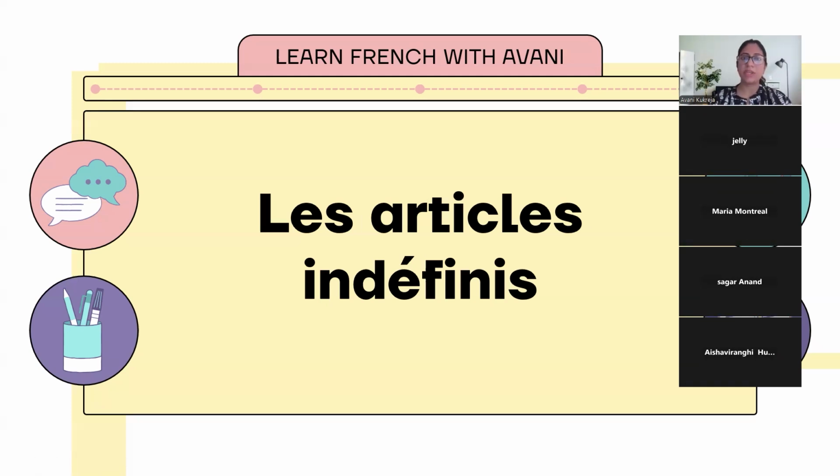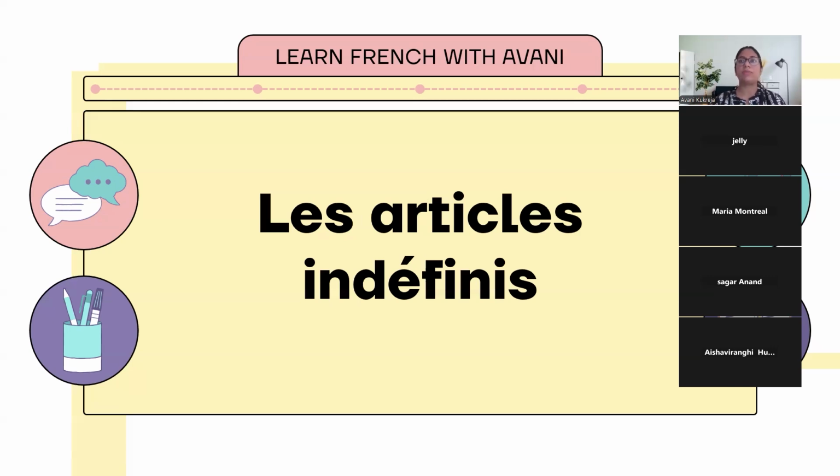Correct, exactly. So an indefinite article is used to identify objects non-specifically. When I say, give me a book, I'm not being specific about which book. Just give me any book, doesn't matter. But if I say give me the book, that makes it a definite article because I want that specific book only. So today we're going to talk about indefinite articles.